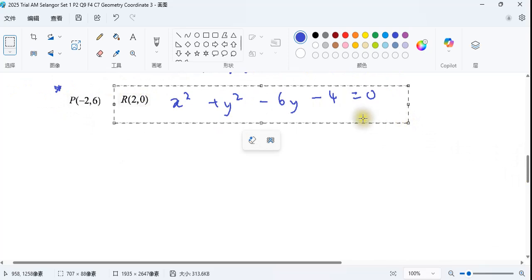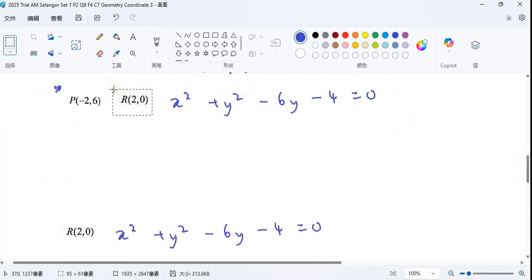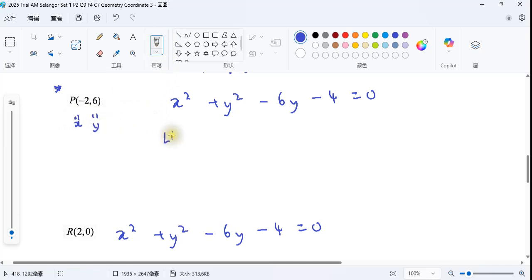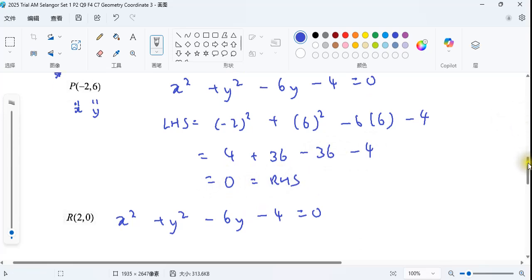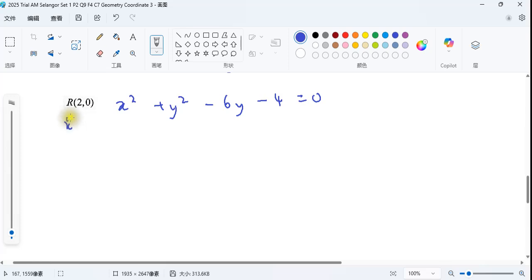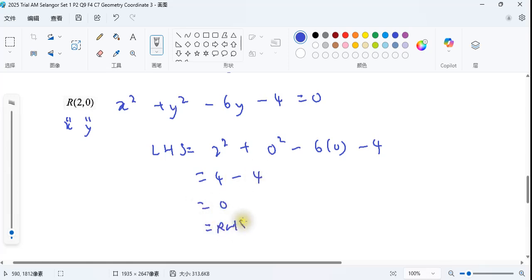So x equal to negative 2, y equal to 6, then the left hand side equals negative 2 squared plus 6 squared minus 6 times 6 minus 4, then 4 plus 36 minus 36 minus 4 equal to 0, which is the right hand side. And then this one, x equal to 2, y equal to 0. So the left hand side will be 2 squared plus 0 squared minus 6 times 0 minus 4. Then it's 4 minus 4 equal to 0, which is the right hand side.